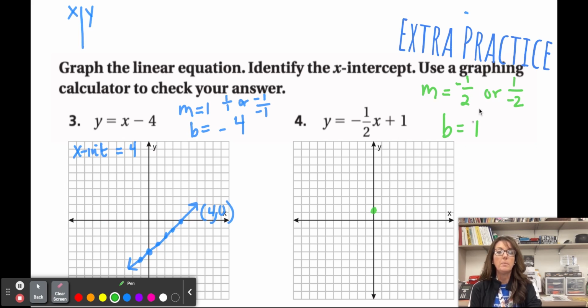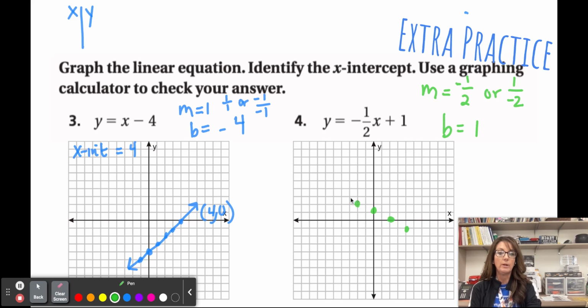Okay, from there, we can use one of these. So if I'm going to use this one, I would go down 1, in the downward direction for negative, and then to the right 2. So down 1 to the right 2, okay, down 1 to the right 2. If I were using this ratio, also a negative slope, I would be going up 1 to the left 2.